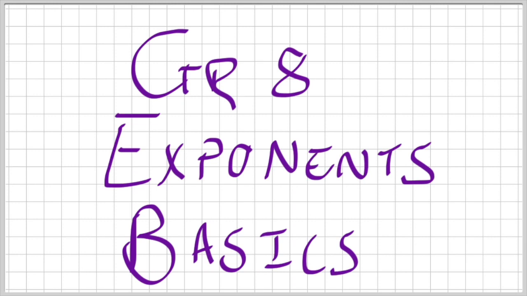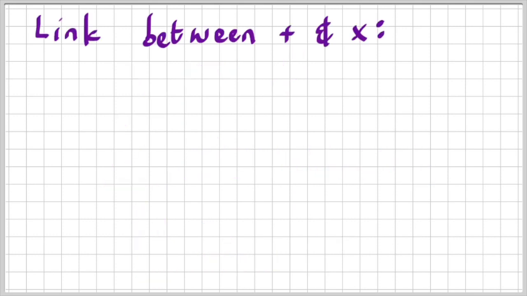But before we get to those difficult concepts, I want us to just explore exponents on a very basic, almost superficial manner. So let's start by looking at what is the link between plus, in other words, adding numbers together, and multiplication. If I look at 3 plus 3 plus 3 plus 3 plus 3, what is a shorter way of writing that?